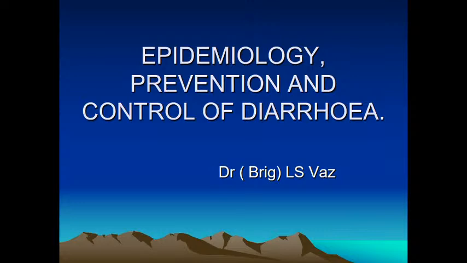So when we discuss IMNCI, that is integrated mother, neonatal and child illnesses, we will talk to you in detail regarding these things. But the two most commonest diseases in children: respiratory group of diseases and diarrhea.